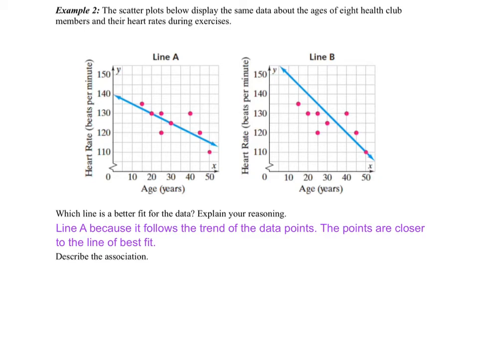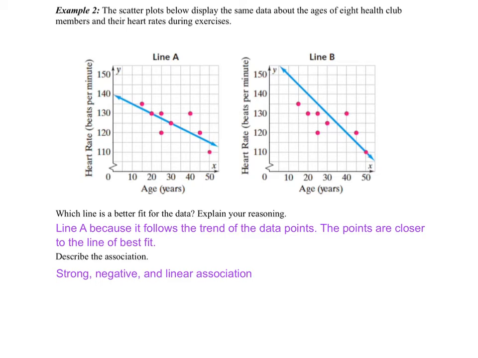Next, we want to describe the association. Our association for line A is a strong association. It's also a negative association because when one variable is decreasing, the other is increasing. And lastly, it is a linear association because it forms a straight line.